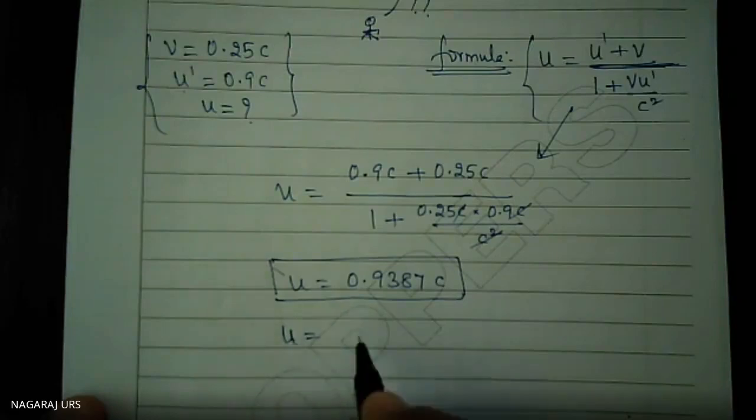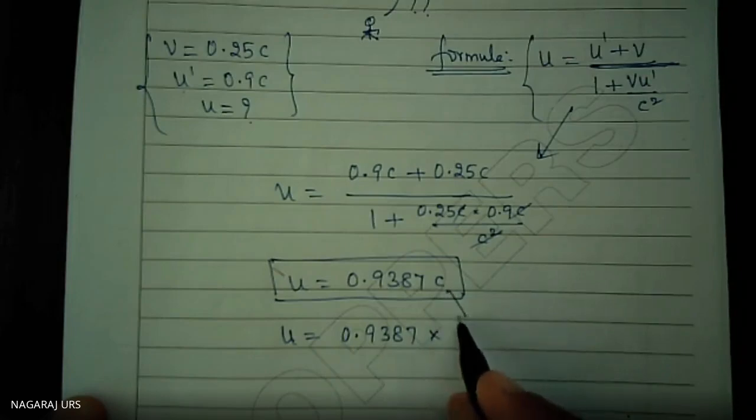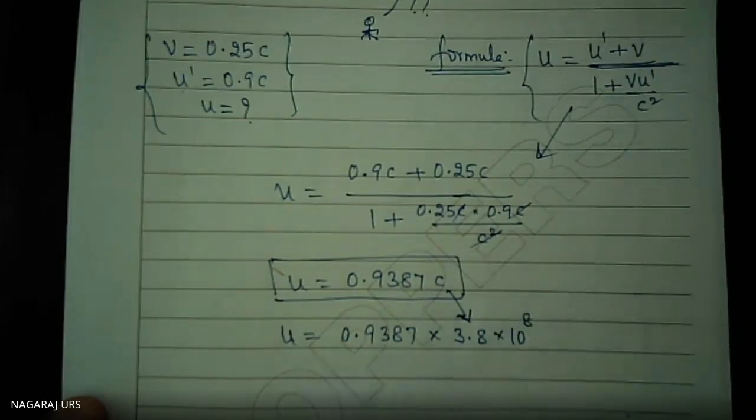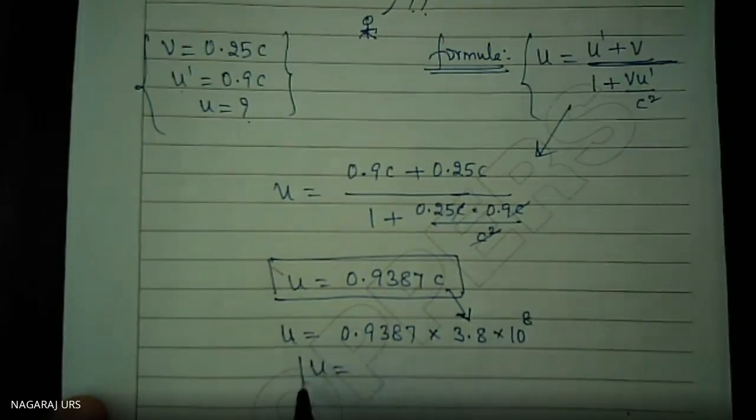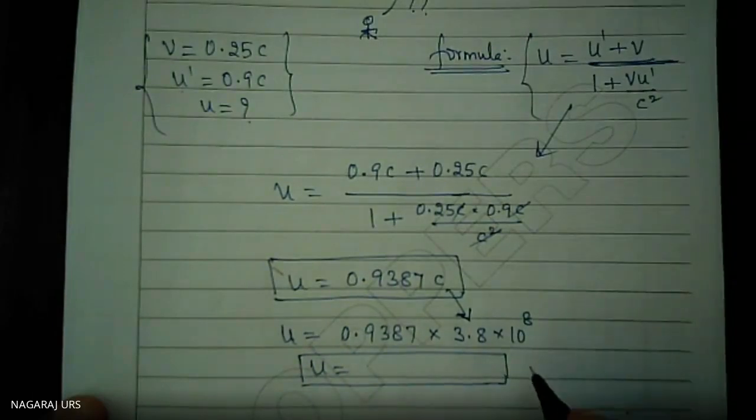We can write U is equal to 0.9387 C. For the C value, you can do the substitution of 3 times 10 to the power 8 meter per second. So many meter per second.